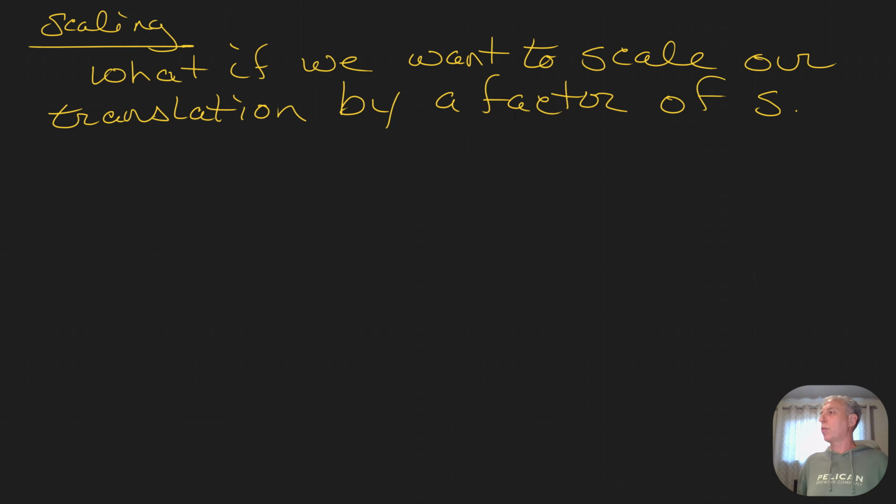Well, let's recall that we have our vector x prime equals our rotation matrix times our original coordinates plus the prime of our translation vector. Well, all we have to do is multiply by our scaling factor.